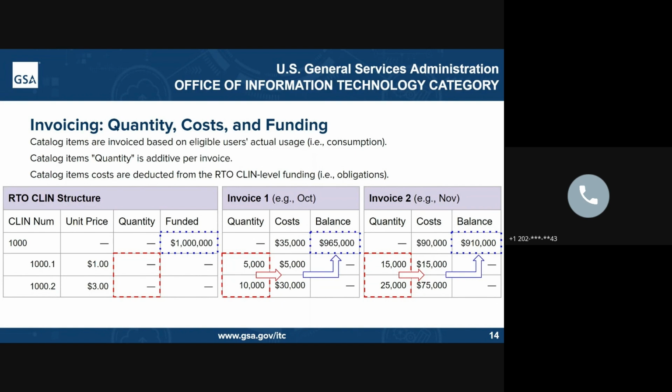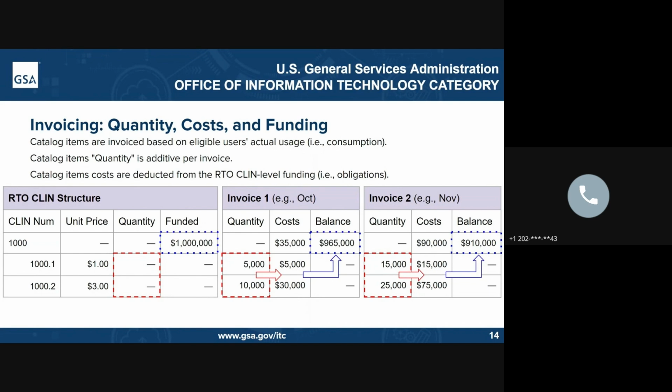Now, calculating out the cost for each one of those respectively, 15,000 and 75,000, results in a total cost of 90,000. Paying the balance of the invoice now brings your balance of funding down to $910,000. This would continue for the duration of your period of performance and until your last invoice.